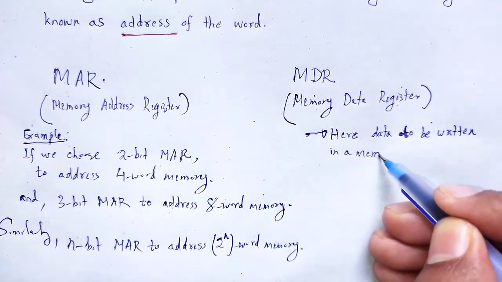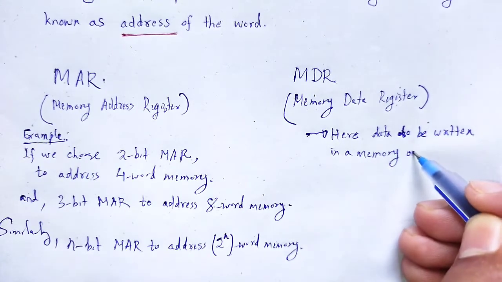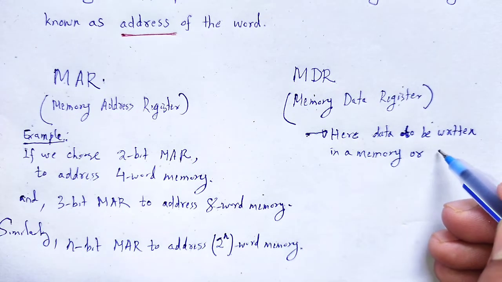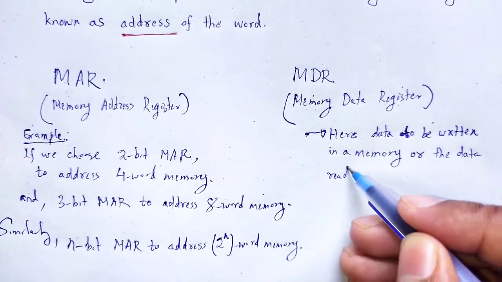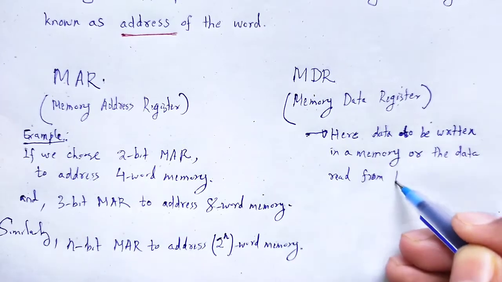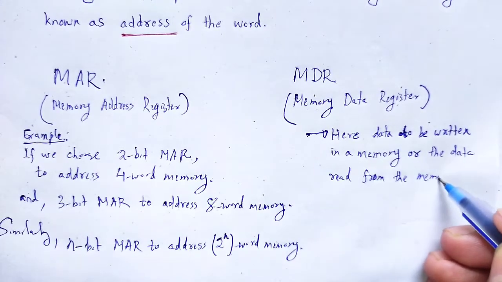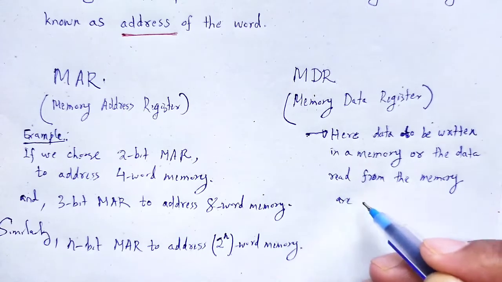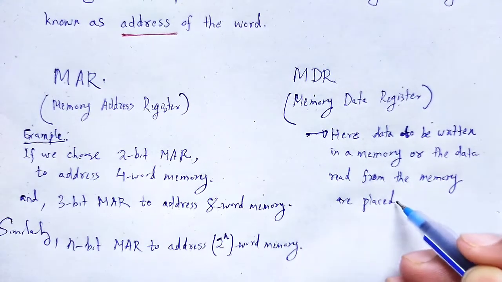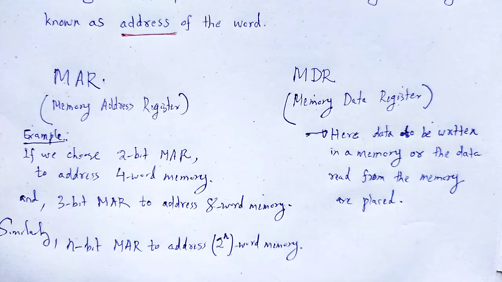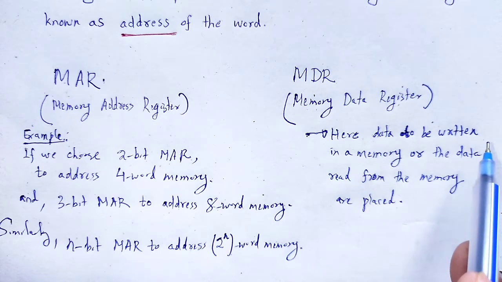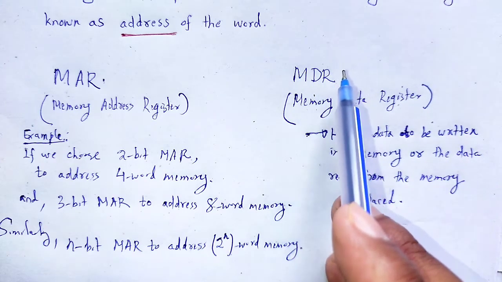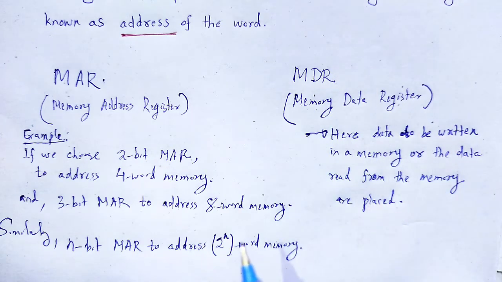The data to be written in memory cells is placed in MDR during the write operation.